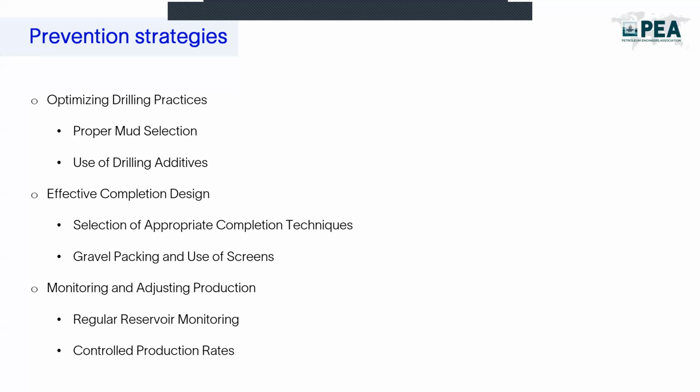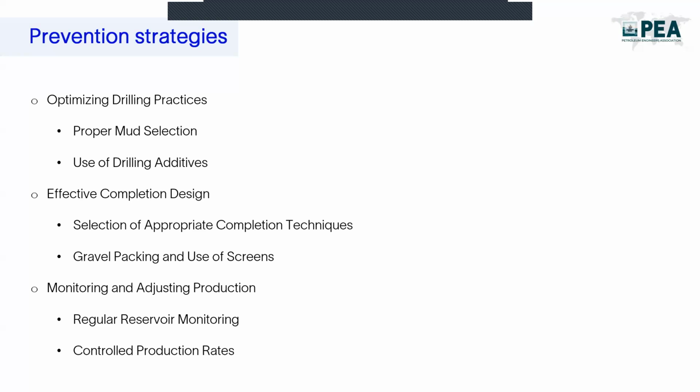Controlled production rates. Of course, proper management of production rates is key to minimizing formation damage, particularly in sensitive formations. As I mentioned earlier, applying high drawdown pressures can lead to fines migration, sand production and increased water cut, all of which can cause formation damage. So gradually increasing production rates can help prevent these issues, instead of applying a very high drawdown.